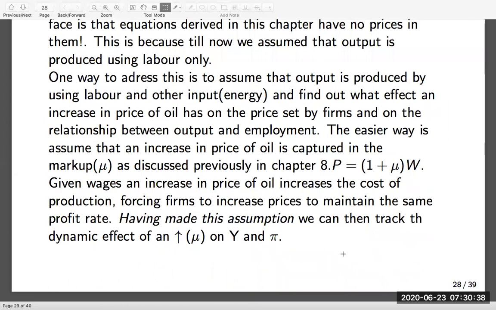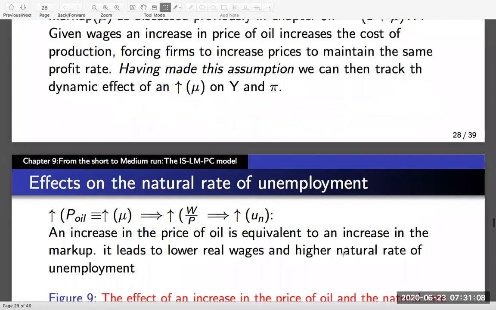Given wage setters and wages, if you hold wages constant, an increase in the price of oil increases the cost of production, forcing firms to increase the price to maintain the same level of profit. So having made that assumption, we can track the dynamic of an increase in the markup on Y and mu. So you see, we find a way of capturing price in our model.